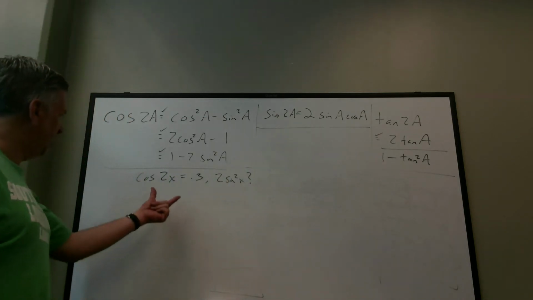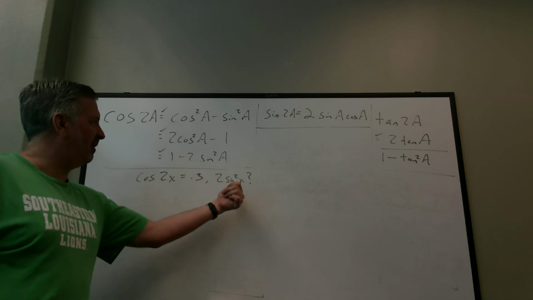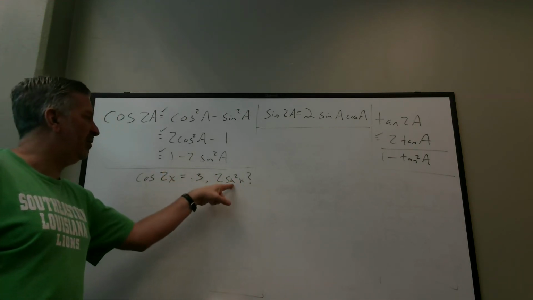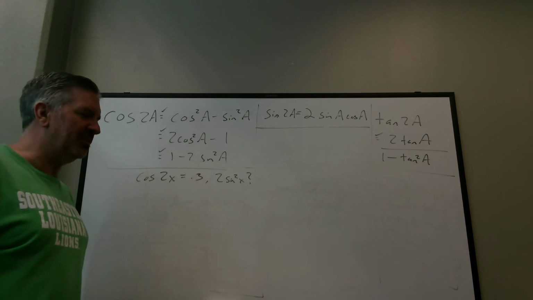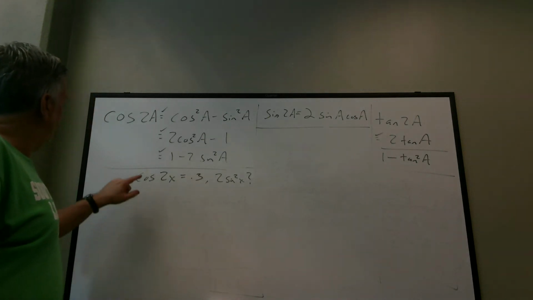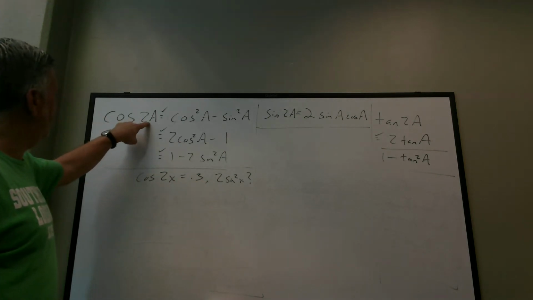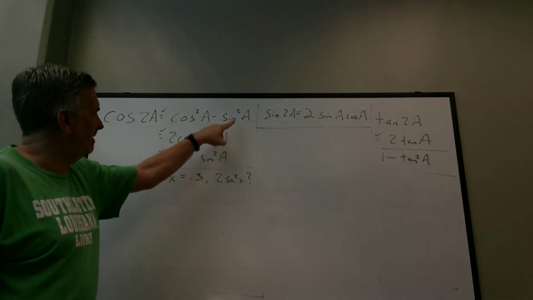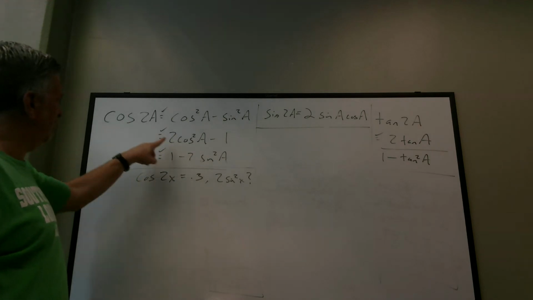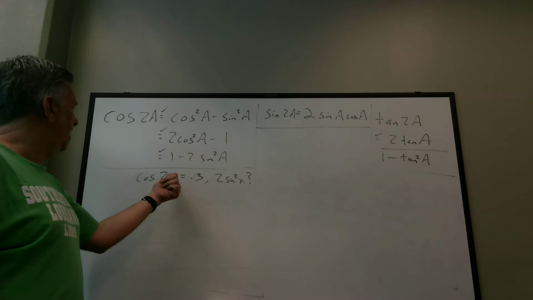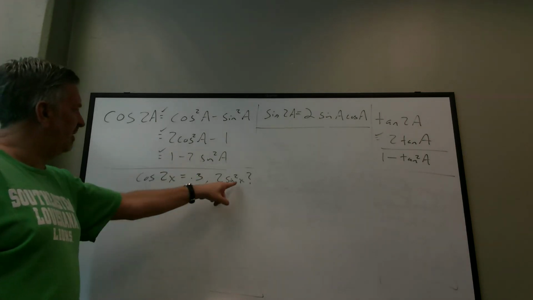So they give you one quantity and they want to know another. Clearly, if they give you this and they want to know about this, there has to be a relationship between them. Well, we need an identity to relate these two. Here's cosine of 2A, and there's sine squared right there. Now, which identity should you probably use? You know this one, and you're looking for this one.